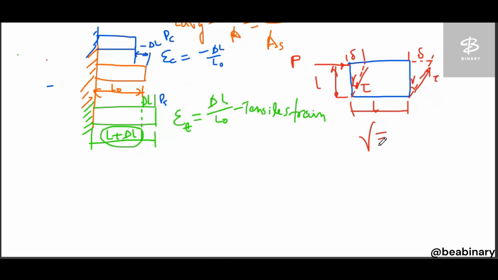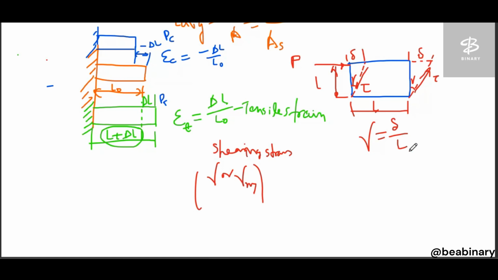This is gamma or gamma XY. So gamma is equal to delta upon L.